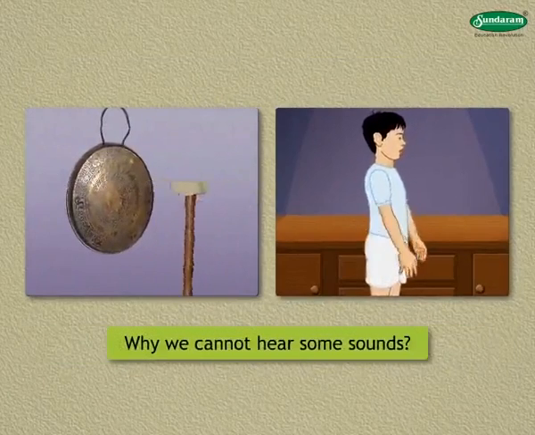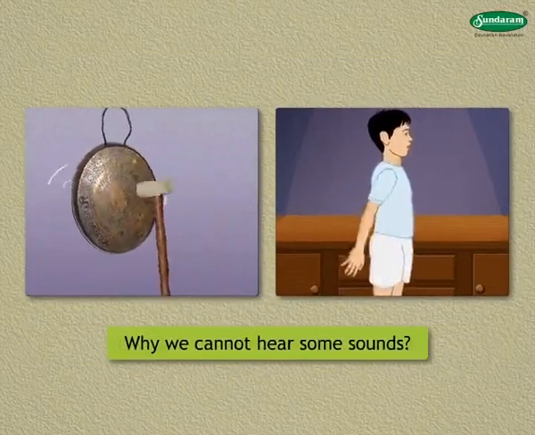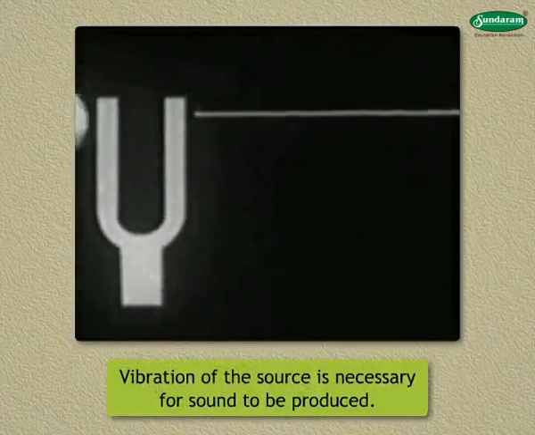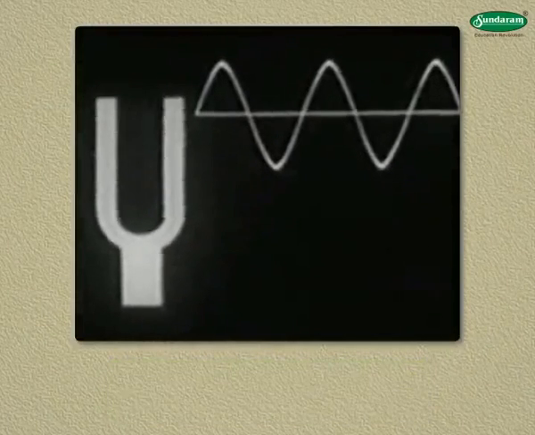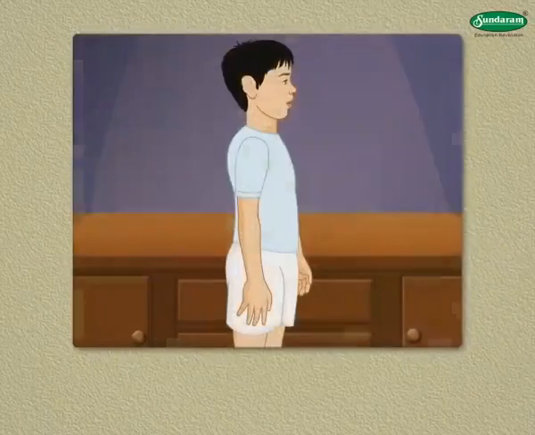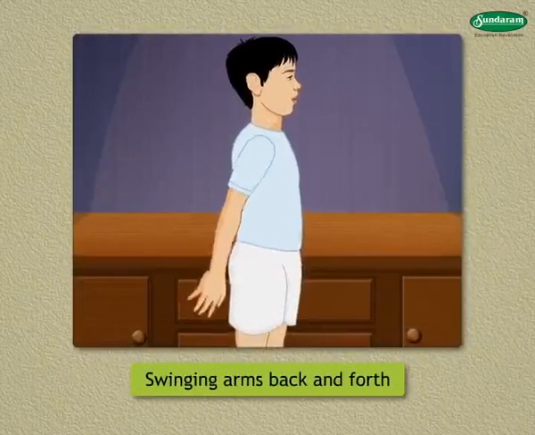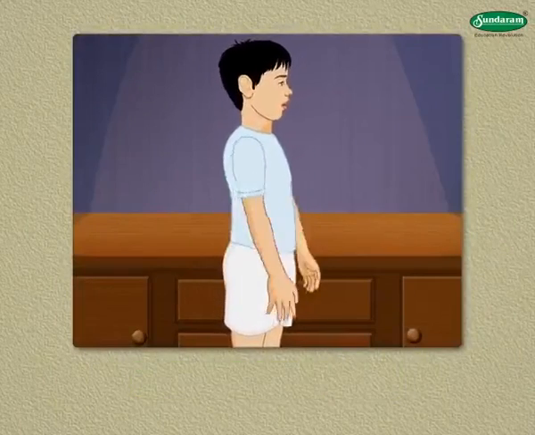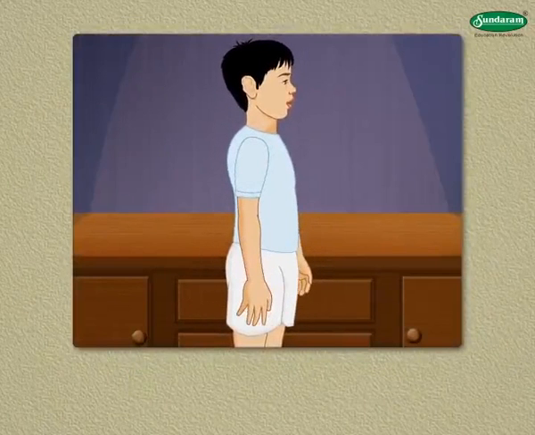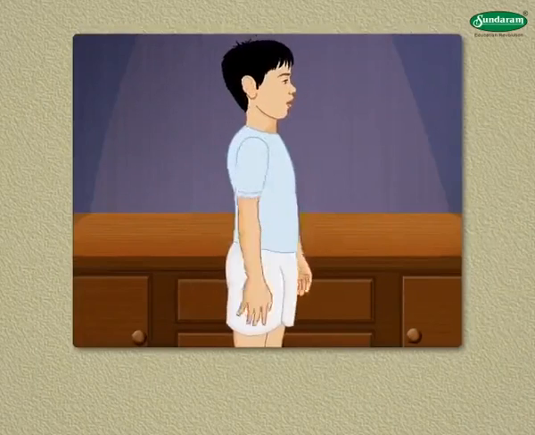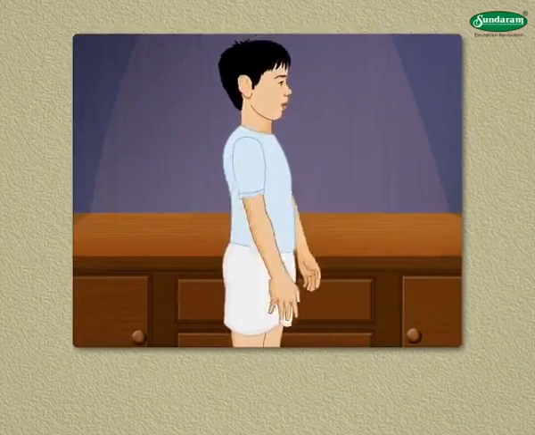Why can't we hear some sounds? Let's see. You have learnt that vibration of the source is necessary for sound to be produced. Do vibrations of all kinds produce sound? You might swing your arms back and forth and it would be a kind of vibration. However, at the most, you can swing your arm 4 or 5 times in 1 second.